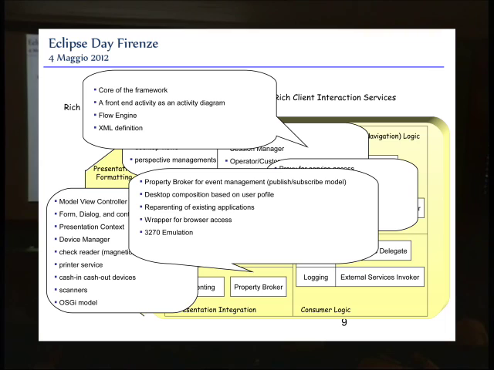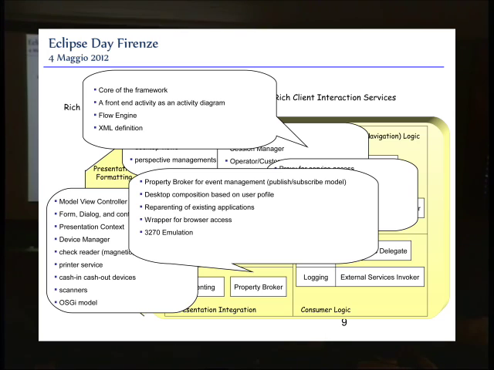I want just to spend a couple of words on what we said, the presentation integration. Let's say we built plugins in order to be able to reparent. That means be able to include, as you have seen before, a C++ application or a web application inside a view.